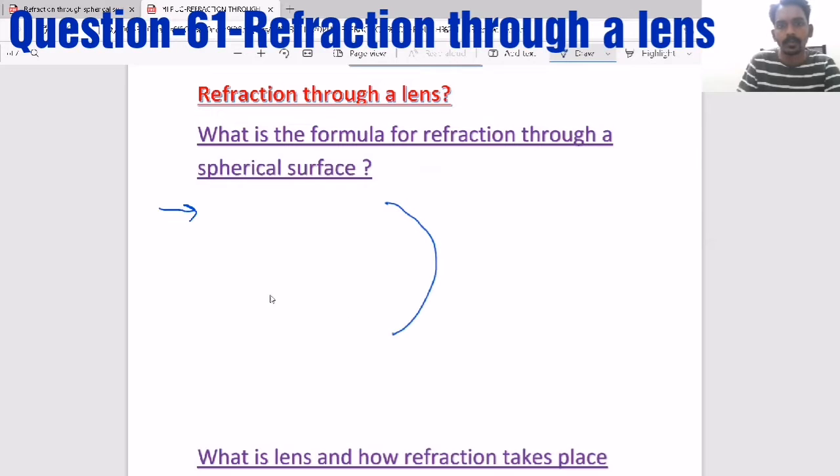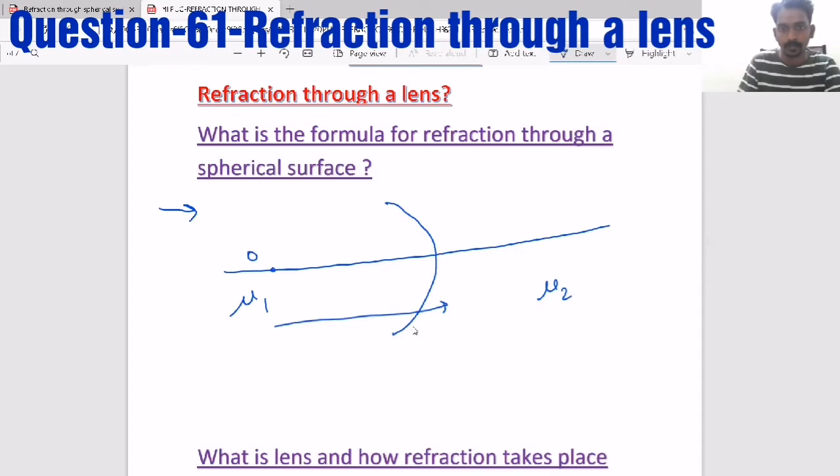When you consider a spherical surface which is separating two media, mu1 and mu2, and the object is in medium 1 at a distance u and the corresponding image. Due to refraction the ray deviates and the image forms at one particular point.